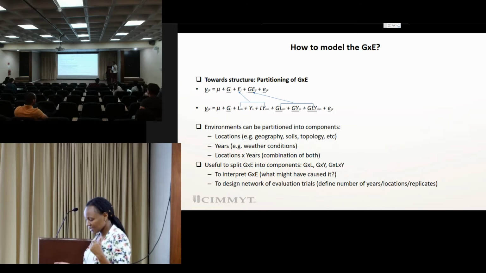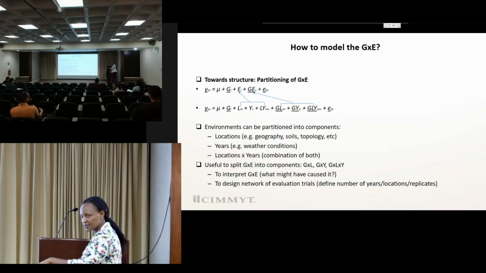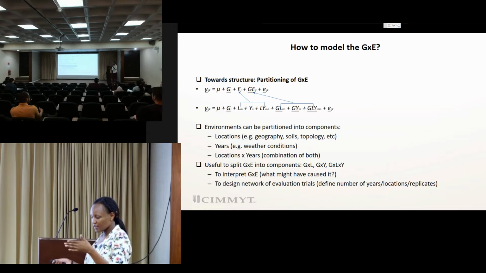If we have a low correlation, that is an indication of G by E, and you need to go a step further and find out the patterns in this G by E. So yes, the environmental information is going to help me understand whether this low correlation had some contribution coming from covariables or from pedigree information.